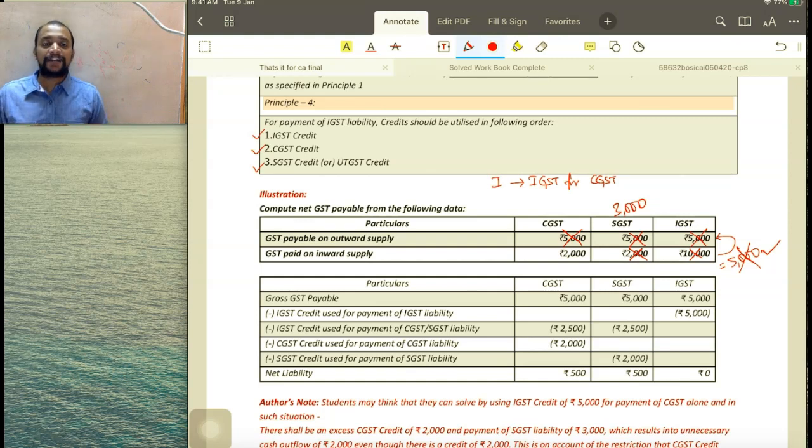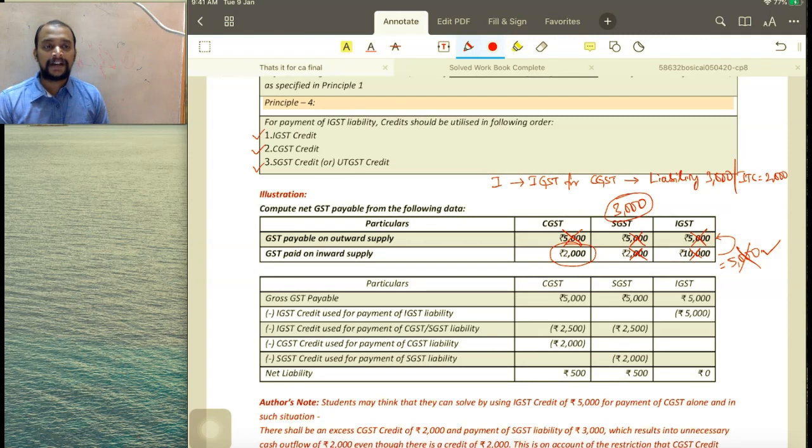In alternative 1, I will be having 3,000 rupees as liability and 2,000 as excess credit which I can carry forward. So in alternative 1 I will have liability 3,000 and excess ITC 2,000. This is the scenario in alternative 1.